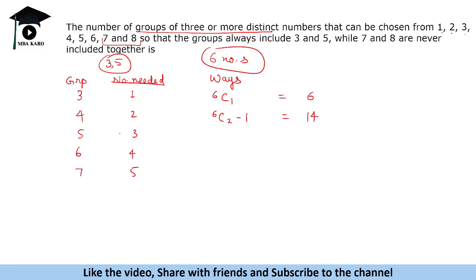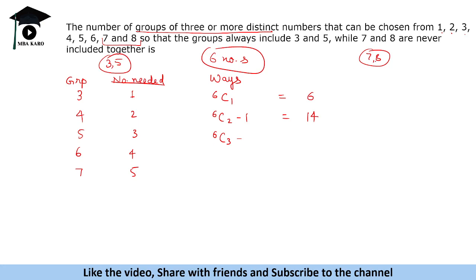Now if we have to pick three numbers, we can pick 6C3. Now we have to remove 7 and 8 together. What are the cases where 7 and 8 are together? Out of those six numbers, we have already picked 7 and 8, and we have to pick a total of three numbers.